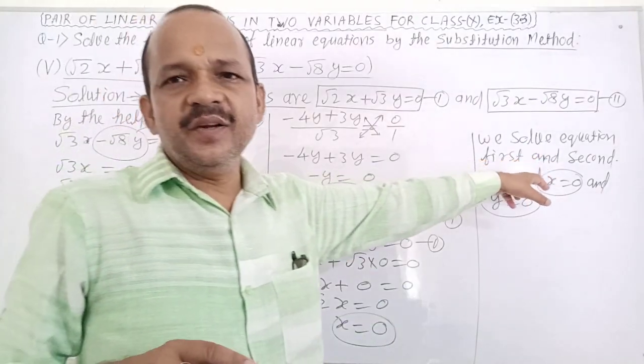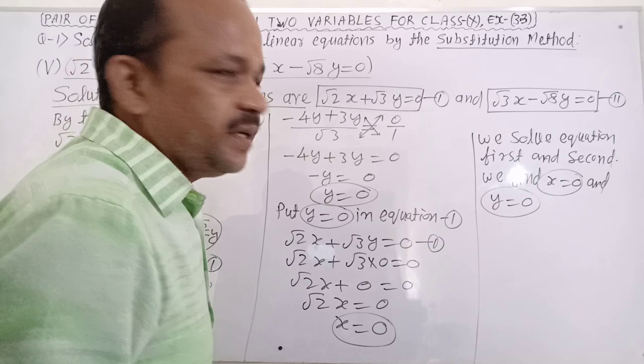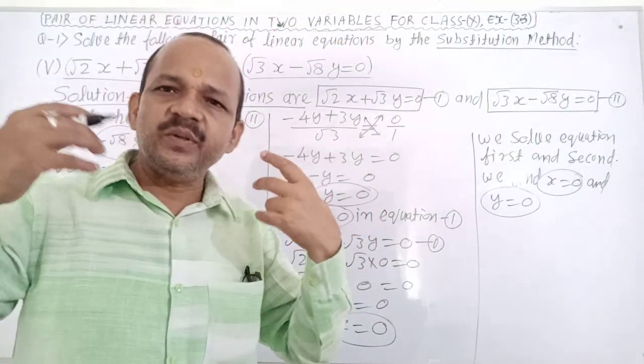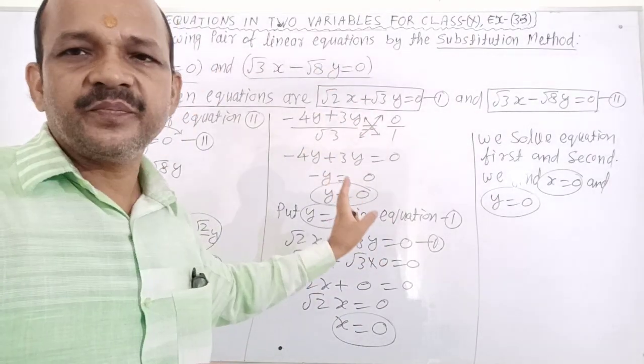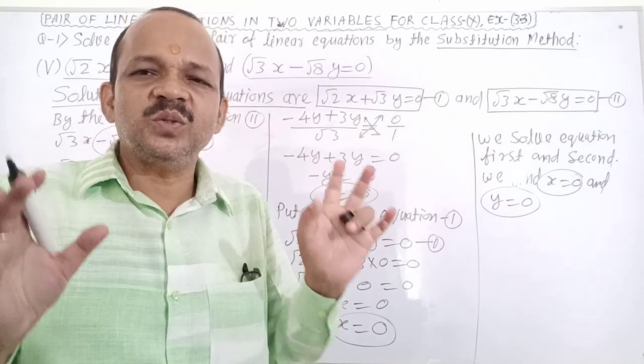It is clear? No confusion about it? Very good. Solution is clear? You can solve any question very easily by the help of this solution. It is easy? Very good.